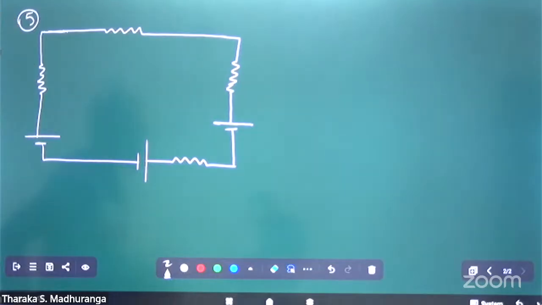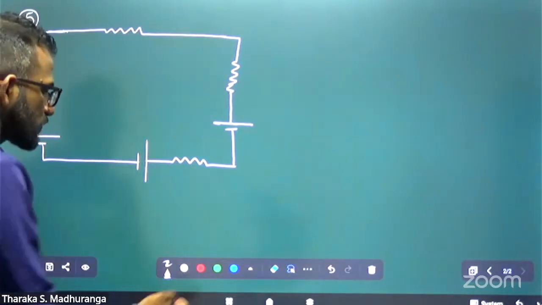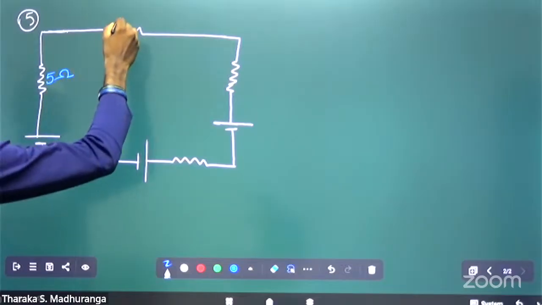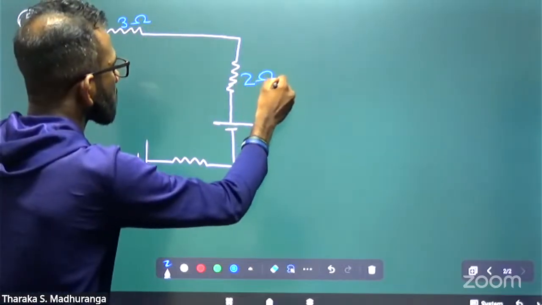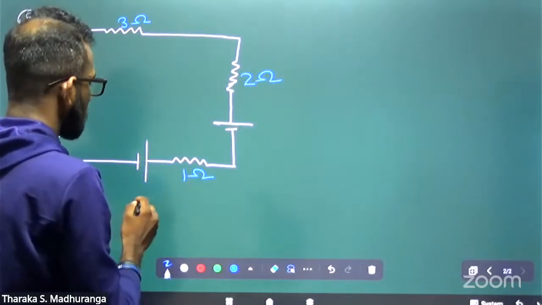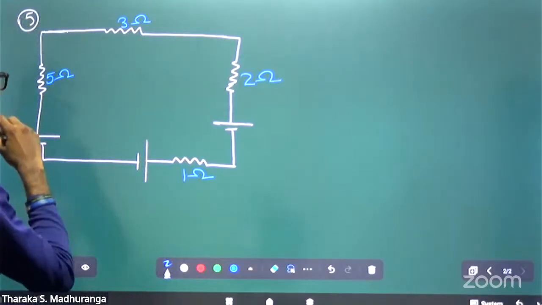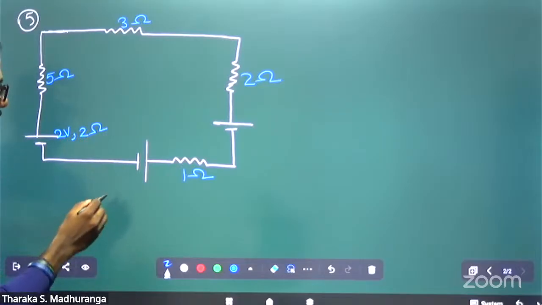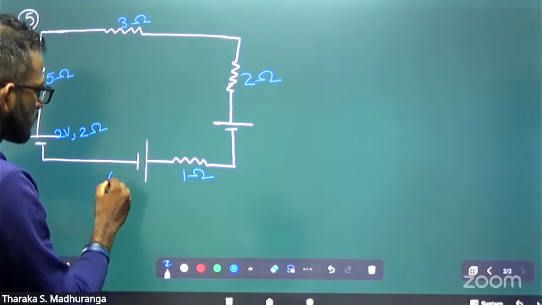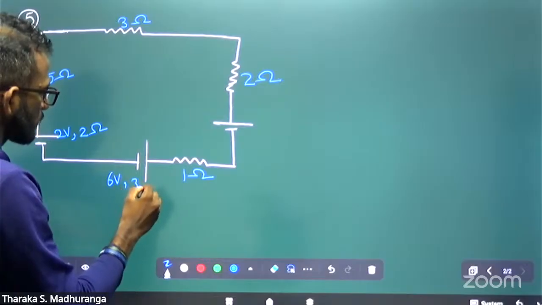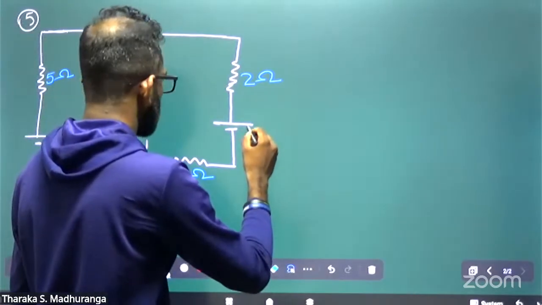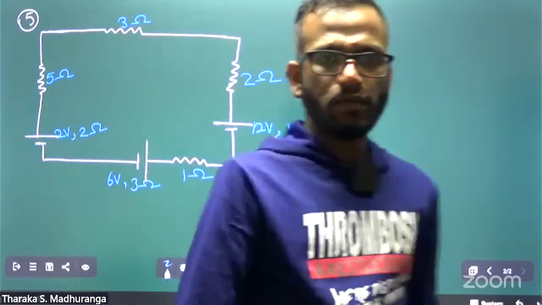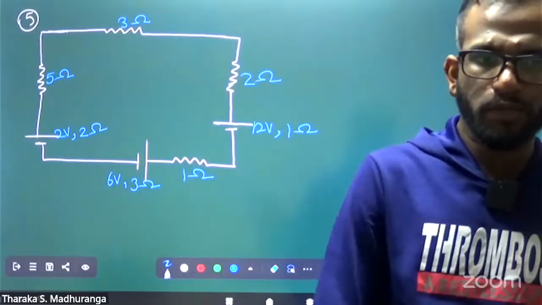Okay, draw this circuit. Draw this circuit, and can you calculate the current flowing through this circuit?